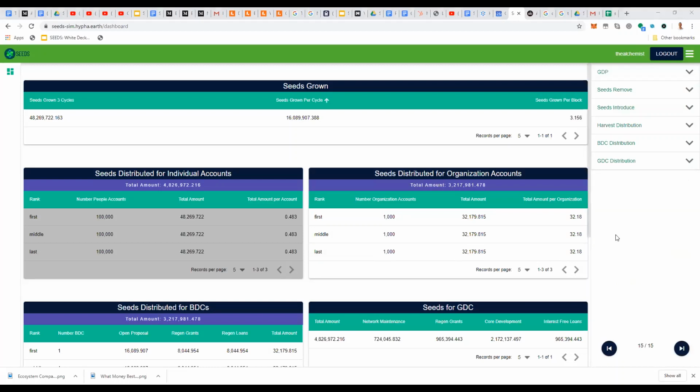And then we need 2 other running totals. So right now we have seeds grown. What we're going to need to see is, well, actually 3. So maybe we can have a little box up here that shows the total seeds in creation. So total seeds and then total seeds in circulation. So we're seeing all the seeds that exist, the total supply, and we're also seeing the circulating supply.